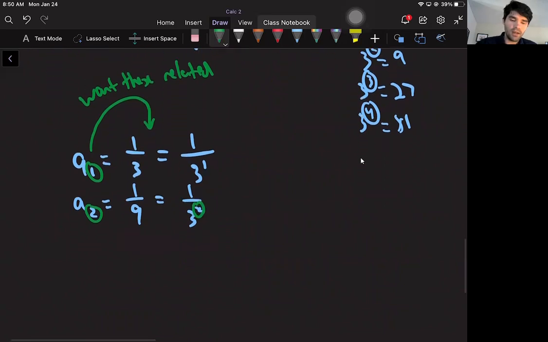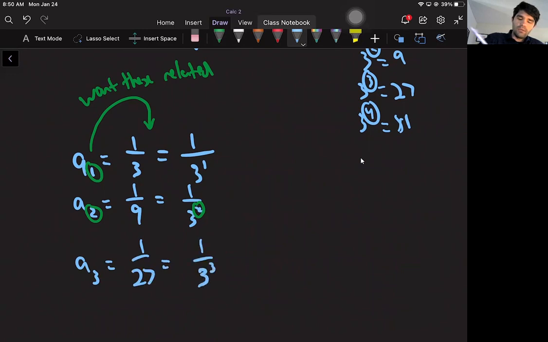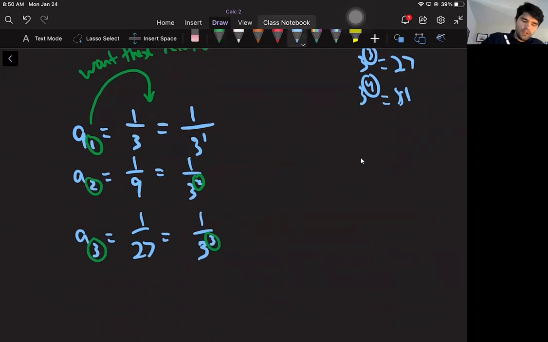Whereas if you keep it as a 9, it's not so clear how they're related. So A3 is 1/27, but that's really 1/3 cubed. And again, we can see the index is related to the term in some way. And then one more, A4 is 1/3 to the 4th.